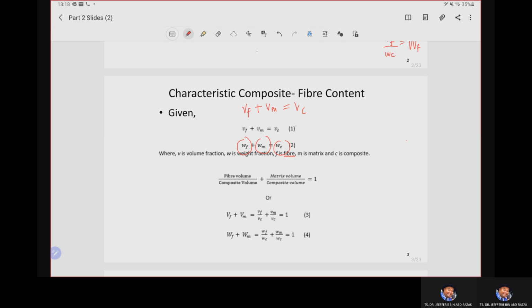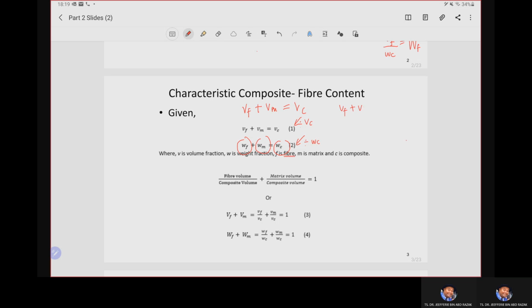So the first equation and the second equation, when we divide with the total volume of composite, and also when we divide with the total weight of composite, we will have something like this. I will write it down again.